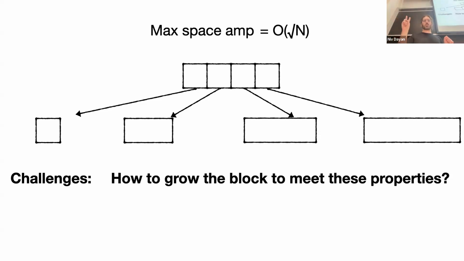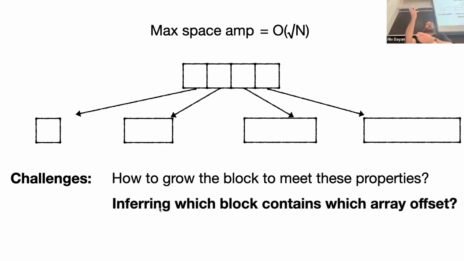The first challenge is what does this look like in detail, and how do we actually grow these? But also, given that we now have an irregular block size, for a given get operation, how do you infer which data block to go to and which slot to go to? And how do you do all of that really, really quickly?